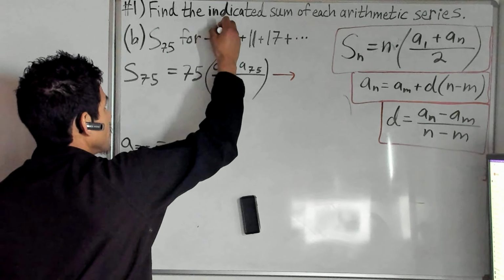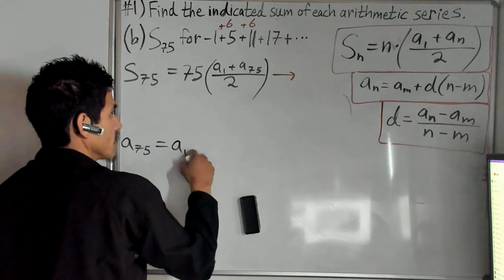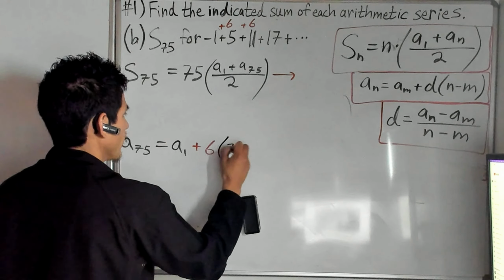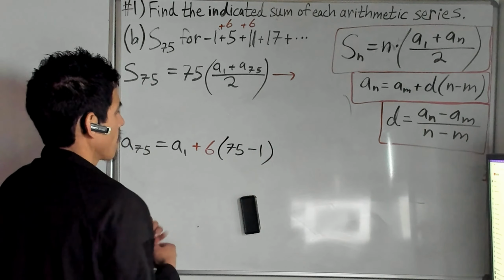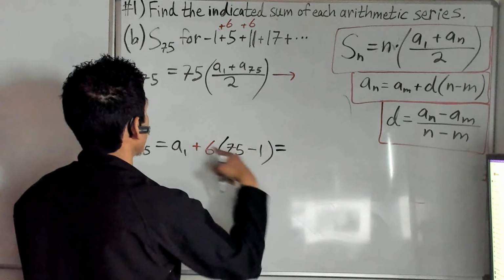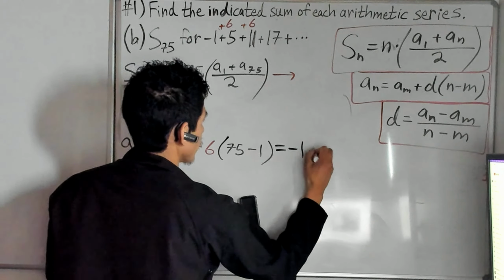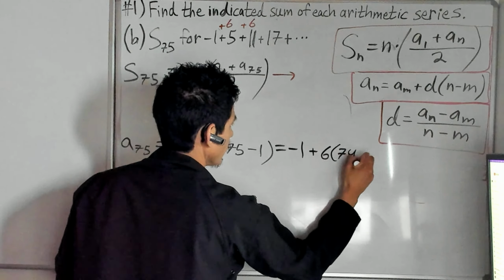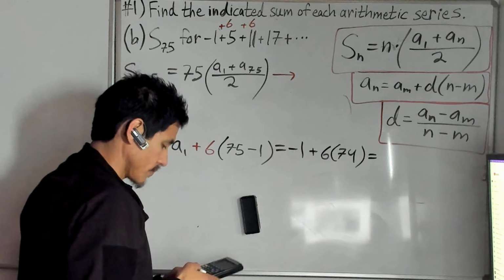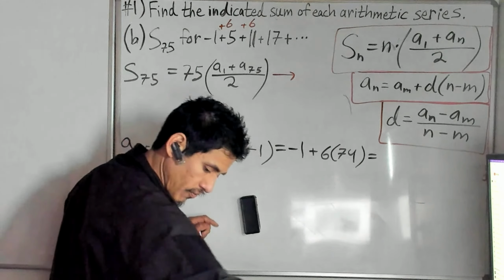The common difference d, we're going up by 6 each time. So d is 6, so plus 6 times 75 minus 1. a1 is -1. -1 plus 6 times 74. So 443.